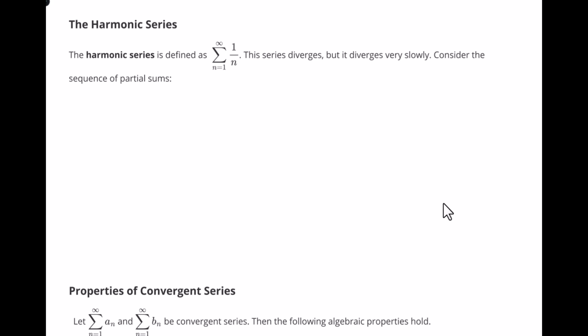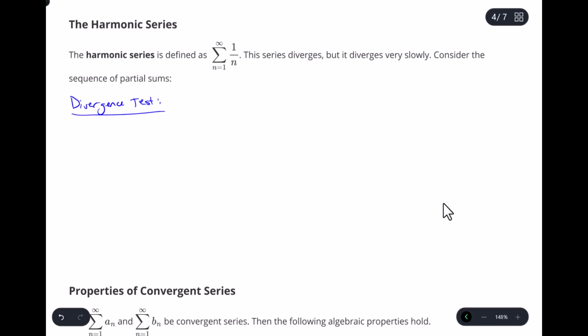So here's the thing. If we apply the divergence test, it passes. It's pretty readily seen that it passes because the limit of 1 over n as n goes to infinity is 0. So it passes the divergence test. Now, if it passes the divergence test, that doesn't mean that it converges.